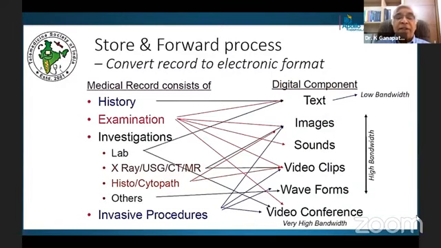The history can be sent as text, physical examination findings can be sent, laboratory investigations can be sent, and so on and so forth. Low bandwidth is enough for many of the earlier components, but if you want to do an invasive procedure remotely, which incidentally is not permitted by the Government of India, we will discuss this later. Video conferencing, of course, will require a much higher bandwidth.